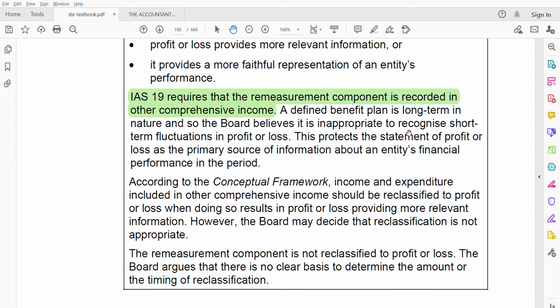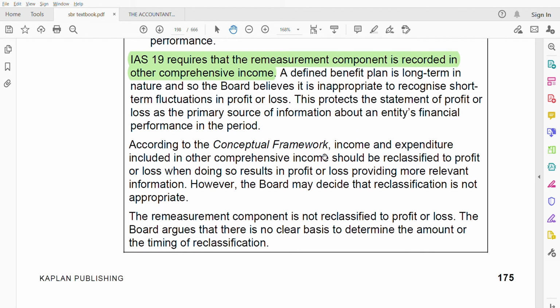So this protects the statement of profit or loss as the primary source of information. Remember, when you want to look at the performance of an organization, you always look at the profit and loss, not the OCI. OCI comes later if people want additional things to see. So that is your primary source, and it should be protected, about an entity's financial performance in the period.